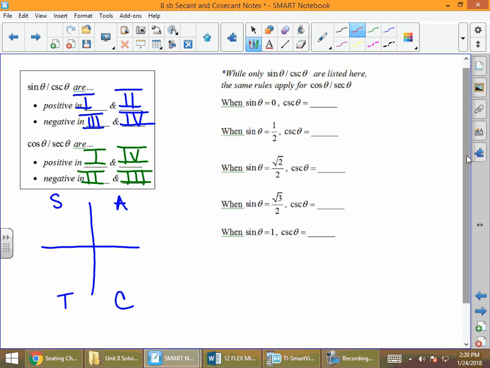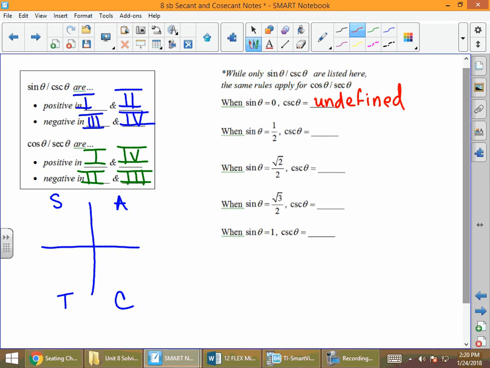I think that my intention originally was to do the rationalizing here, where we have a teeny bit more space. But ultimately what I'm doing is looking back at our chart. When sine is 0, we take the reciprocal and we get undefined, when we're looking at the cosecant.